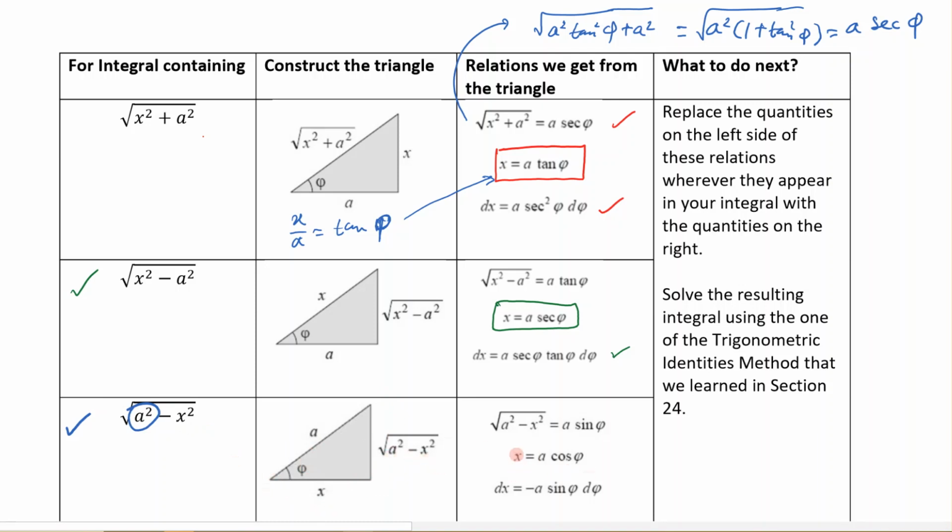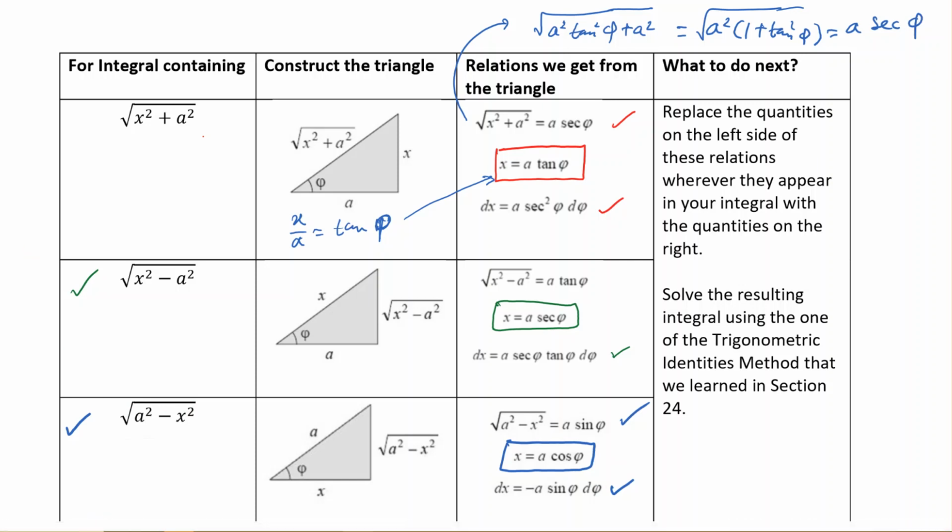We start with the substitution x equals a cosine phi, then we find the differential, and we change everything inside the expression, and again we use our identities method after this step.